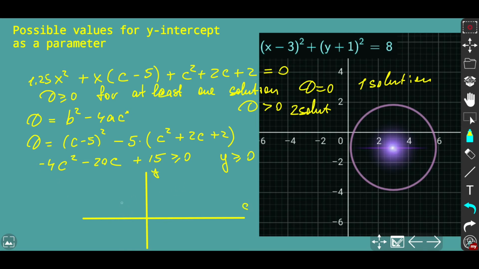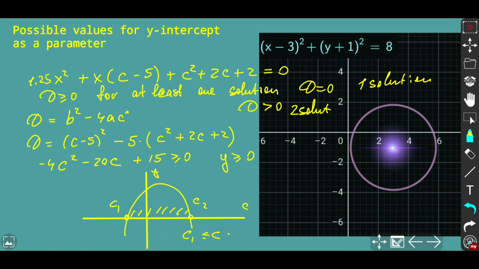So I'm looking for those c values, c1 and c2, where the parabola, where the y value is more than or equal to 0, so here's the range. So my final answer is going to be c in between. I want to include boundaries because we have a non-strict inequality, from c1 to c2.